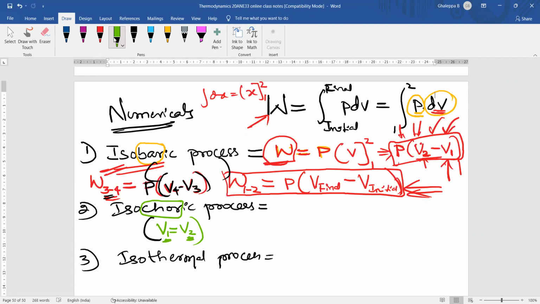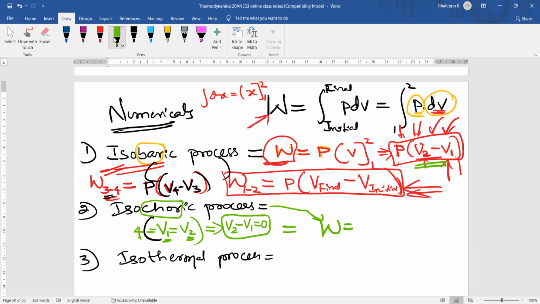So there is no change in volume. I can write V2 minus V1 is equal to 0. For example, if V1 is 4 meter cube and V2 is also 4 meter cube, then V2 minus V1 will be equal to 0. So using this equation, what will be the expression for work done for isochoric process?